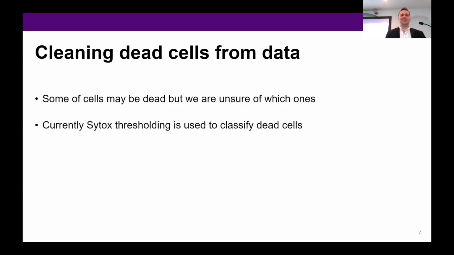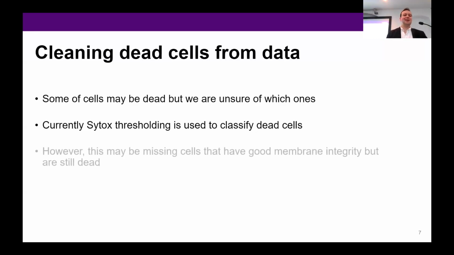This dye is called Cytox Green, so it could be misclassifying some cells. The dye works so that if the cell's dead, the dye gets into the cell. So it's about membrane integrity, and again there's an assumption: bad membrane intensity, dead cell; good membrane intensity, alive cell.